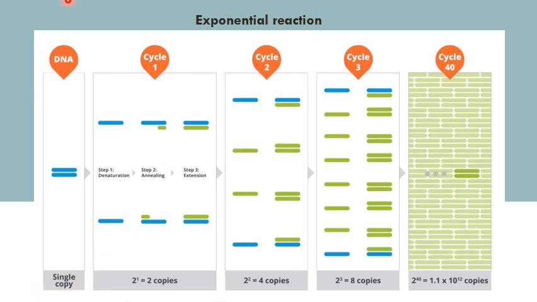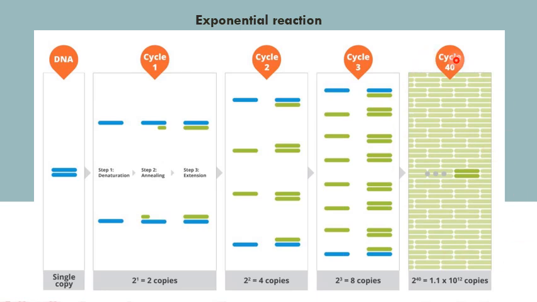As we know, PCR is said to be an exponential reaction. It means that once you start with a single copy, the copies will increase according to the number of cycles. For example, here we have 40 cycles, so it will be 2 to the power 40, and you will end with this number of copies. Starting with 2 per cycle, you will see that the increment will be exponential.